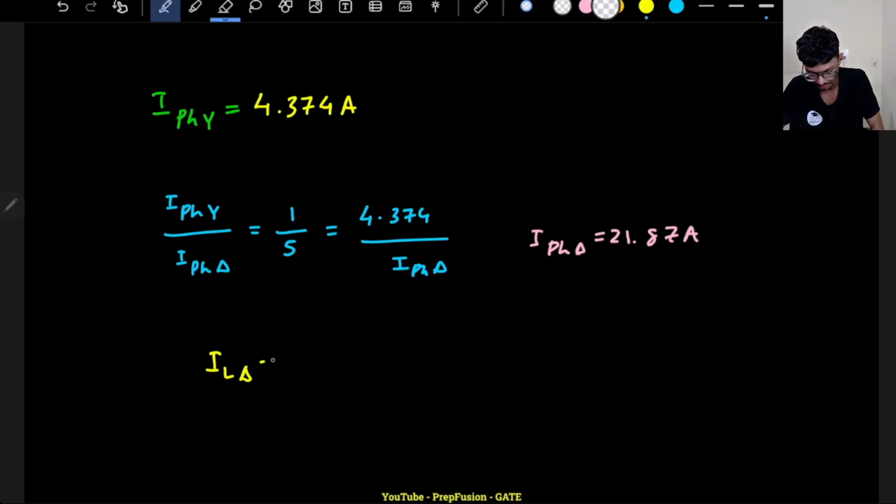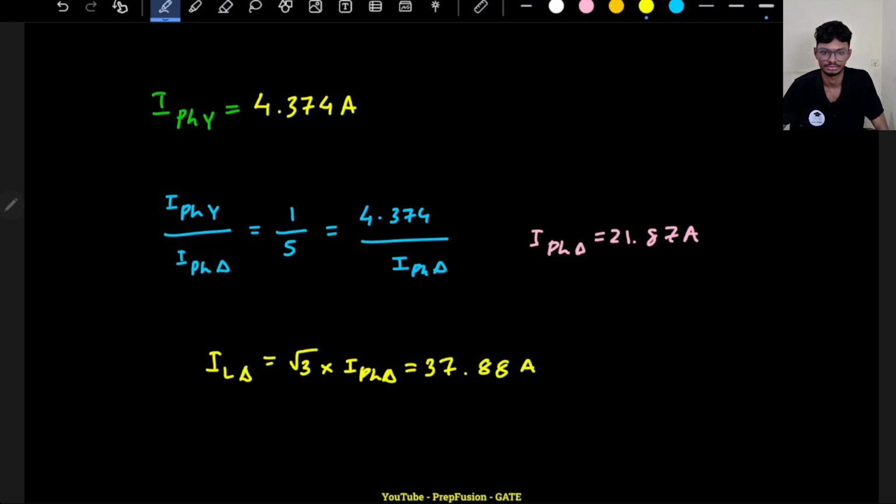So root 3 times the phase current will yield me the same answer, that is 37.88. Okay, 37.88 is the same answer.